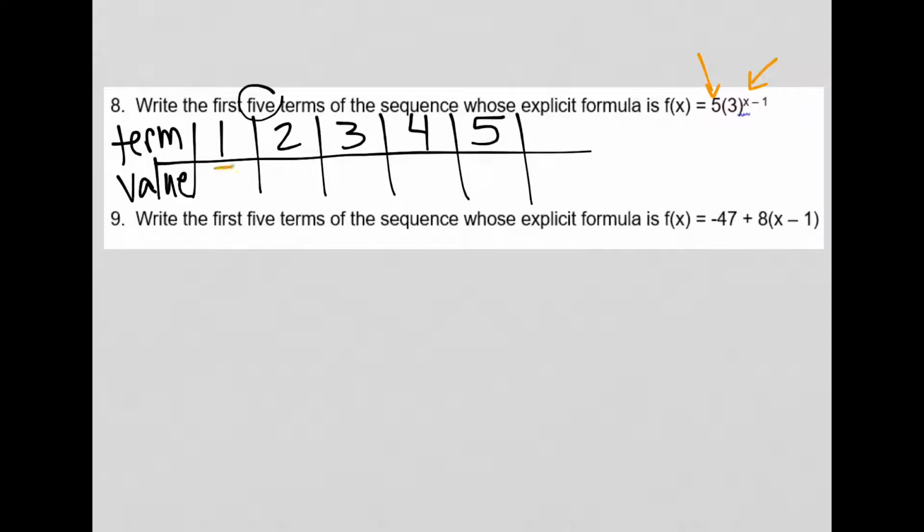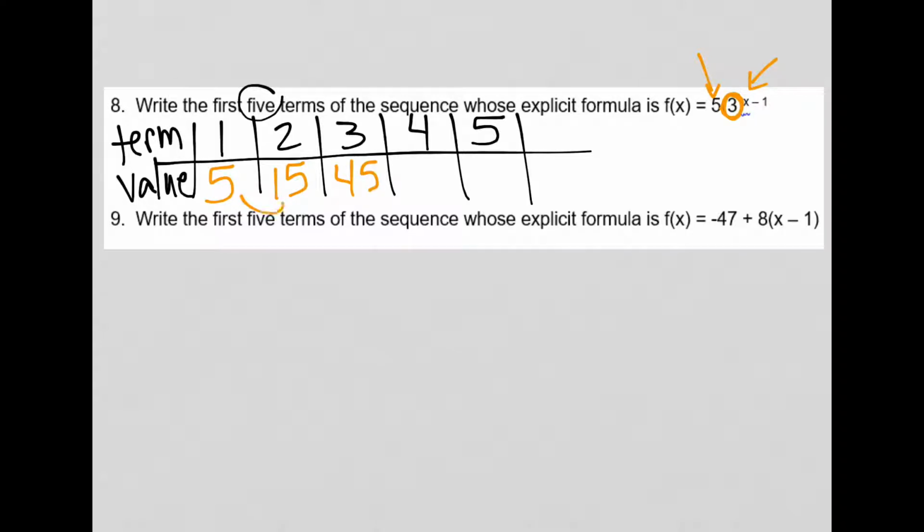Guess what term 1 is? 5. Okay. What's my pattern? The pattern was the thing inside the parentheses. That's what I'm multiplying by over and over again. So 5 times 3 is 15. That's what my second term is. If I multiply that by 3 again, then I would find my third term, which is 45.